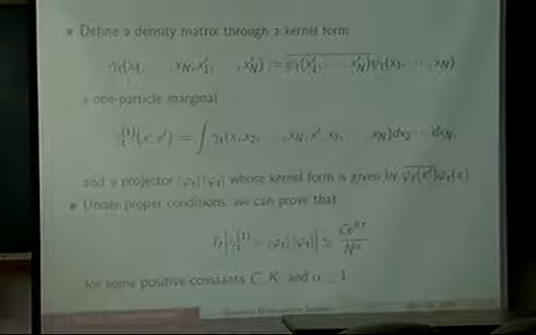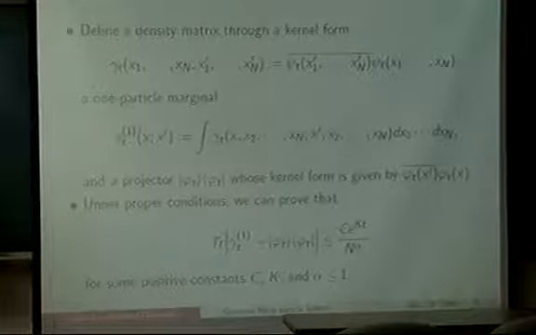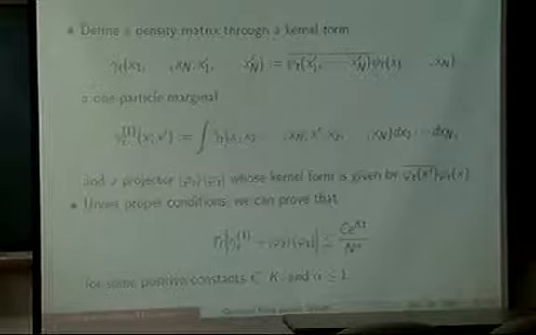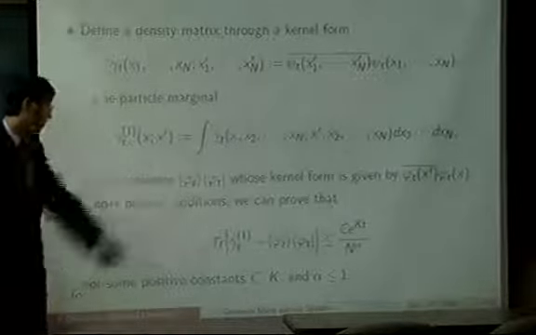So the sense is like this. We need to define the density matrix. If you're familiar with quantum mechanics, then perhaps you know the concept of density matrix. It's like a projector or operator. I think this operator is easiest to understand.